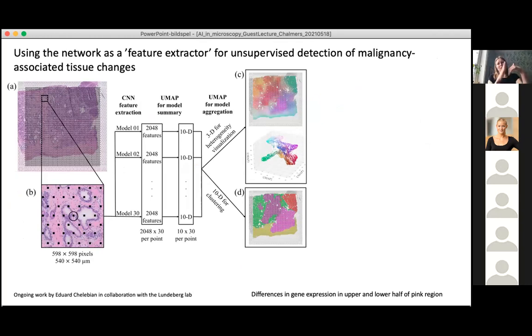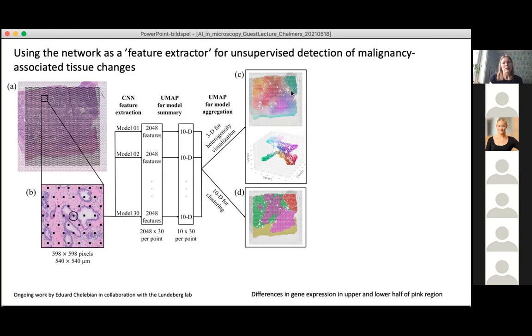Because you know that the last layer before you make the decision is essentially a lot of condensed information describing the morphology in the tissue. So if we take the features from the last layer of the network, and instead of making a classification, we take this feature space and reduce it.